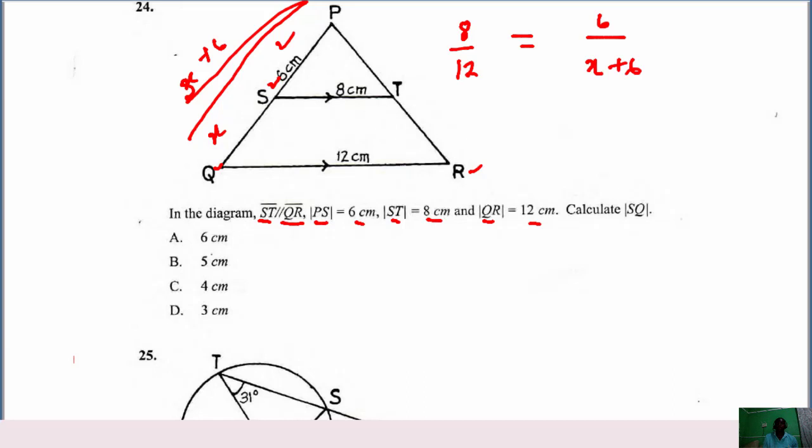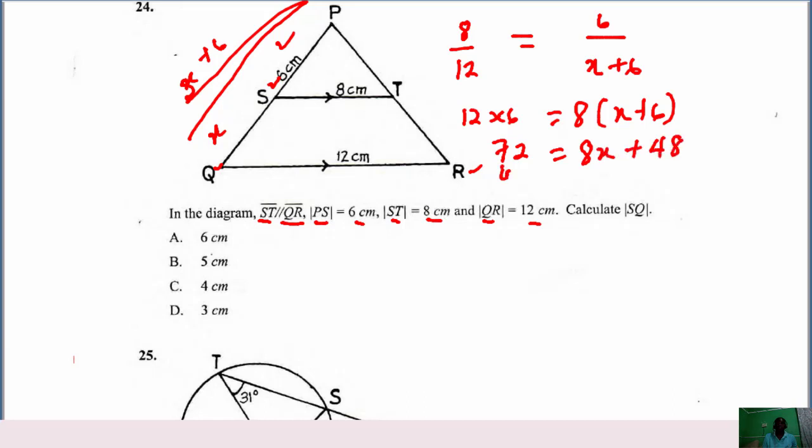So let's solve this. So 12 times 6 is equal to 8 times x plus 6. So 12 times 6 will give us 72. So we have 72 is equal to 8x plus 48.